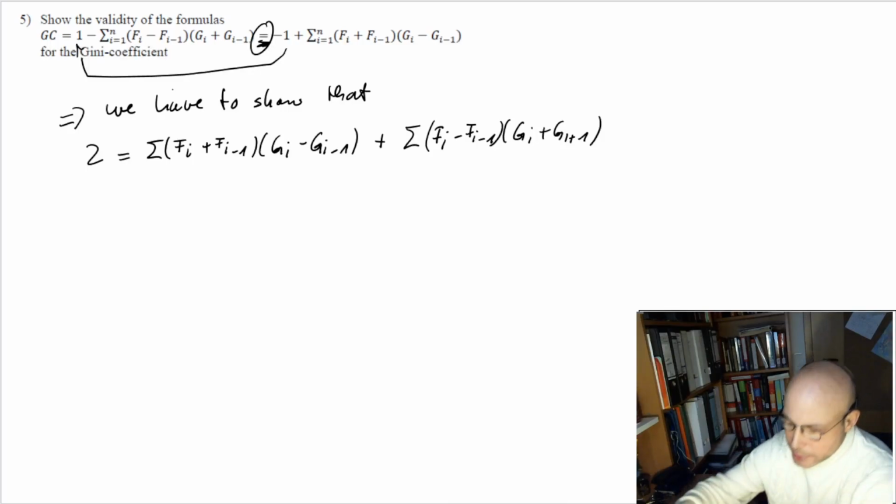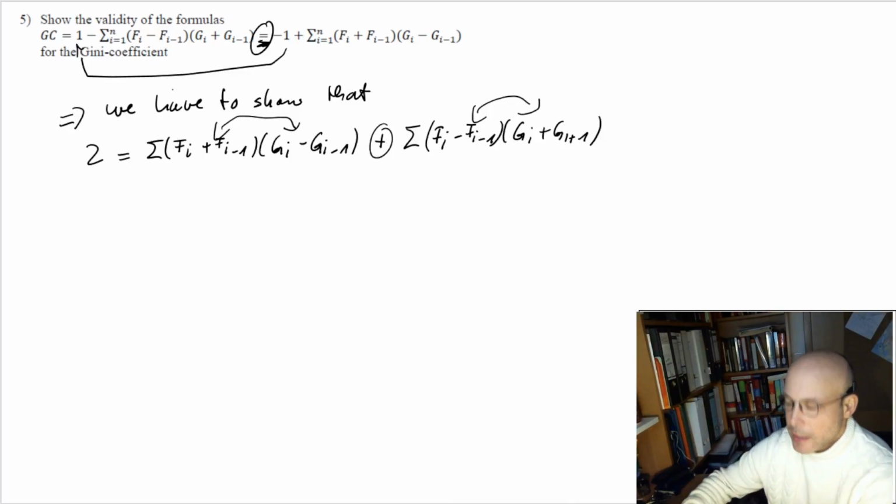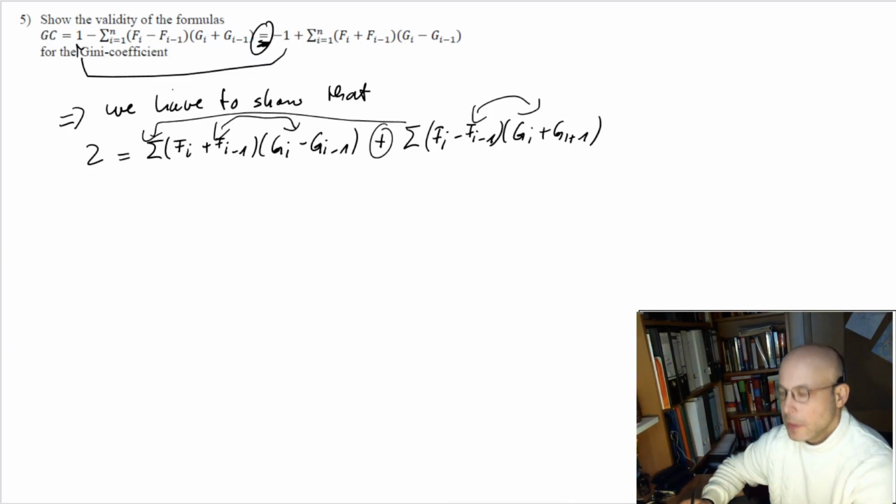Actually, let's just start by multiplying these two brackets here. And since we have a sum here, we also can move out the summation in front of all.